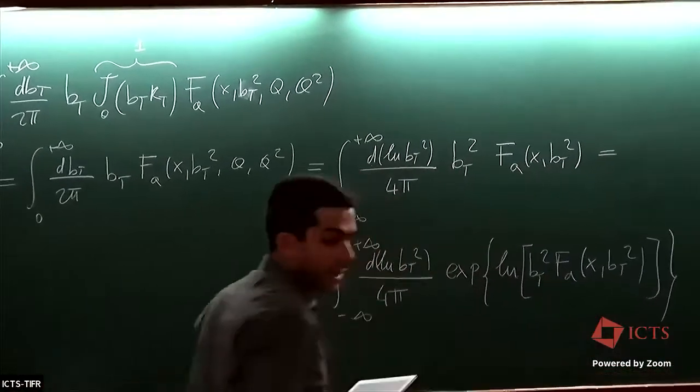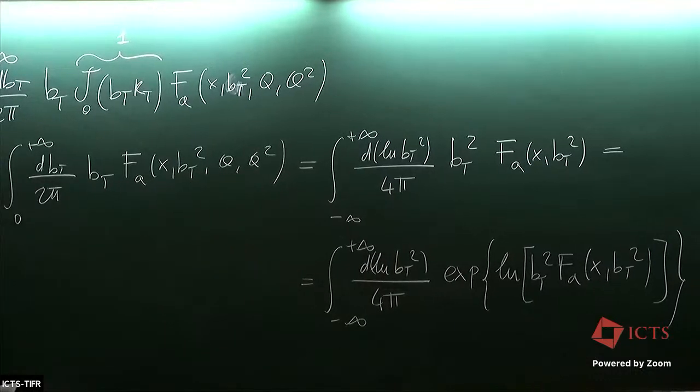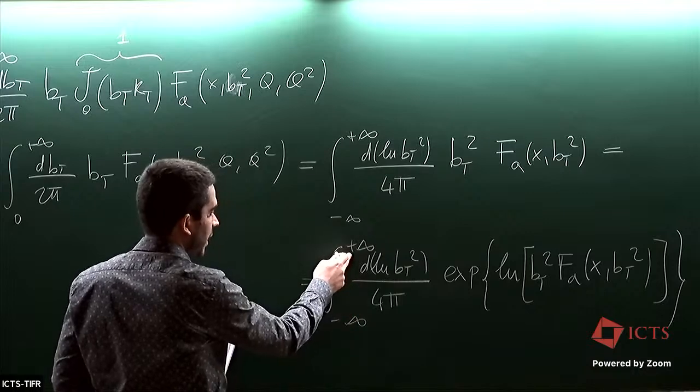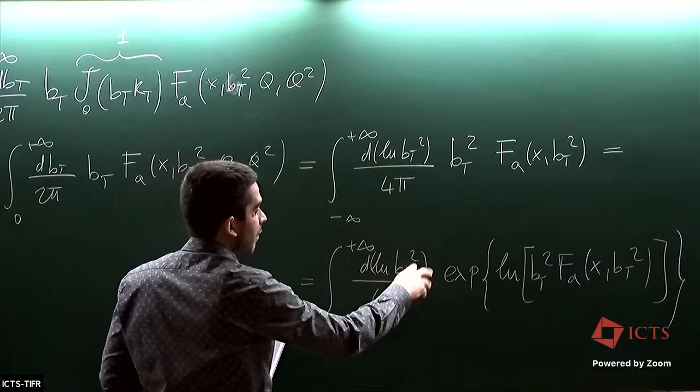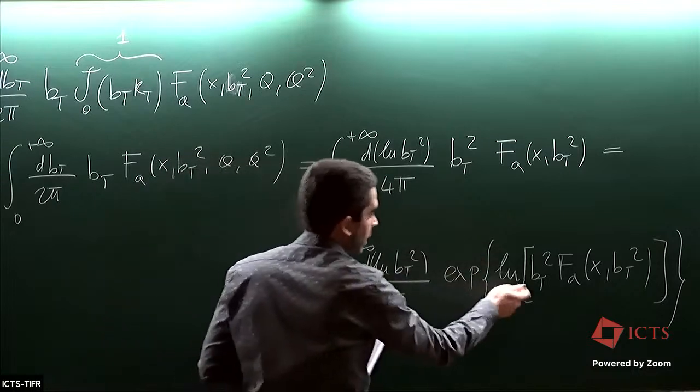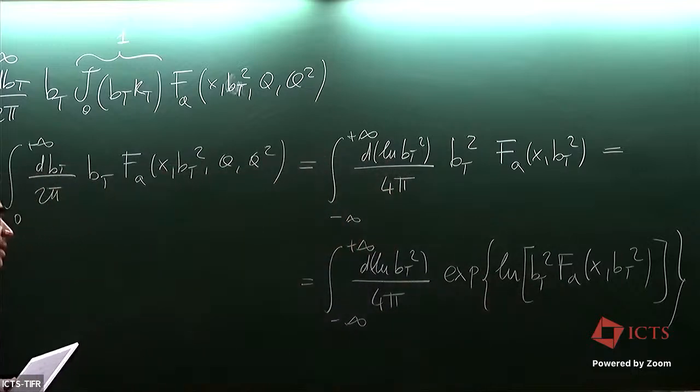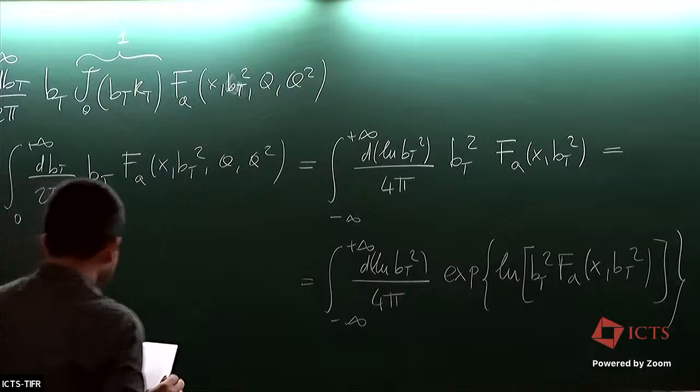Okay, so now we are in the situation where we have an integral between minus and plus infinity, the exponential of a function, and the function in the exponential is not rapidly oscillating. Okay, so we can safely apply the saddle point approximation in this case, which is also called the Laplace approximation.